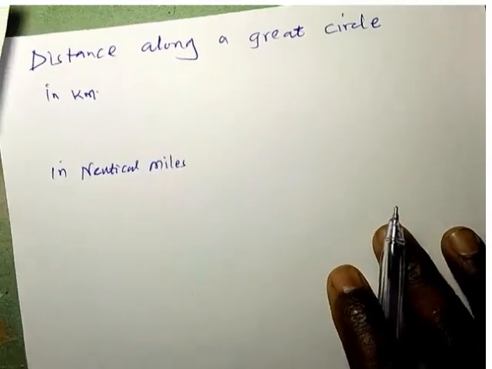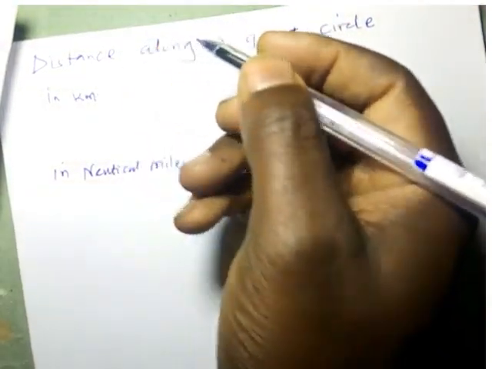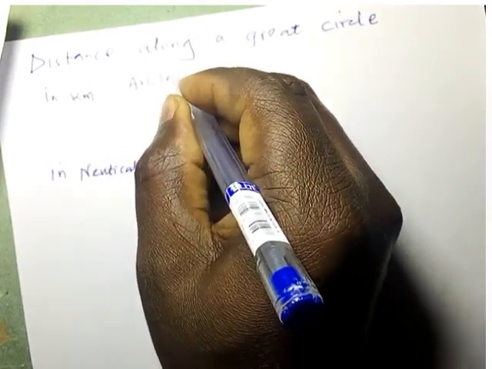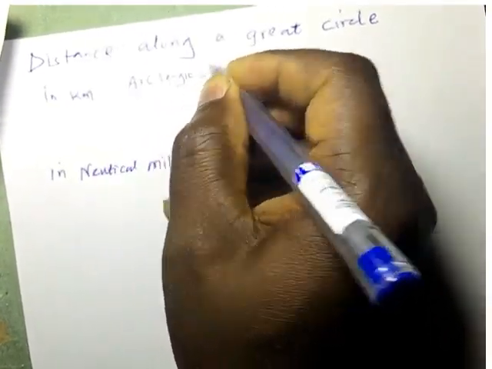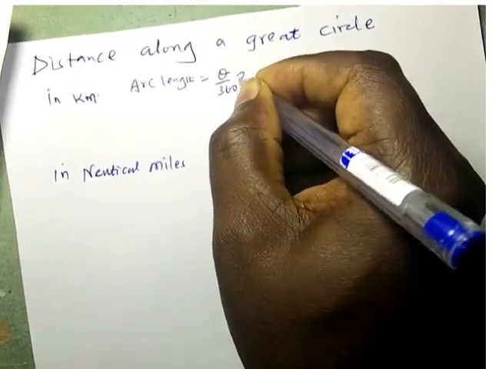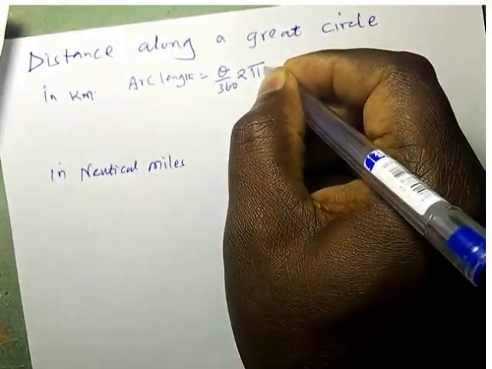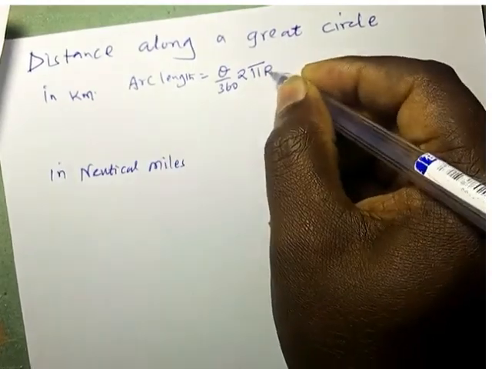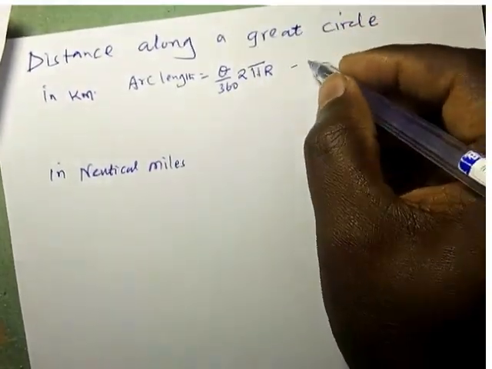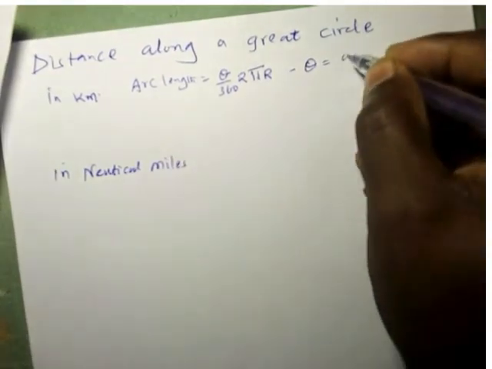We learned that in Form 1, even Form 2. So arc length is given by theta over 360 times 2 pi r, where r is the radius, and theta is the angle.